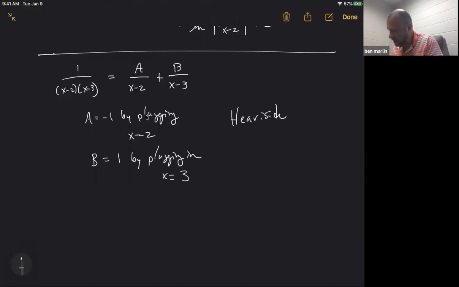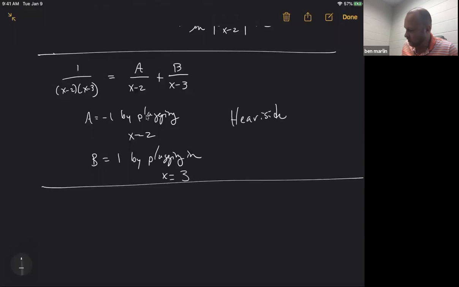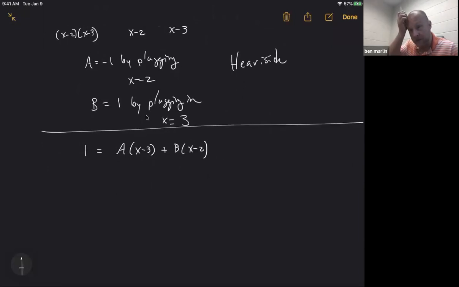So another route to go that's also very easy is once you have it in the shape here, rather than thinking about bad values to plug in, think about values to plug in that will make something go away. So if I plug in x equals 3 here, it will turn the equation into 1 equals a times 0 plus b times 1, and that tells me b equals 1.